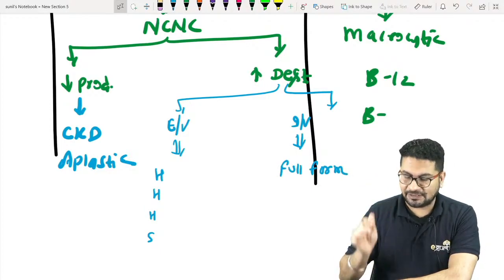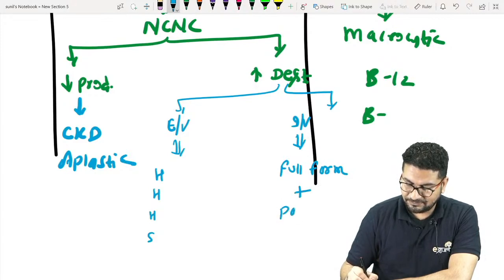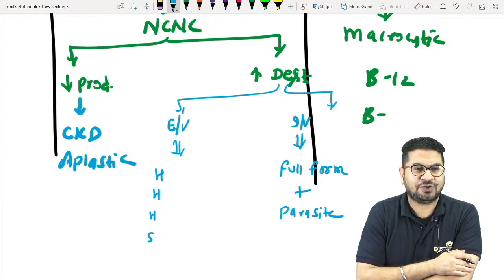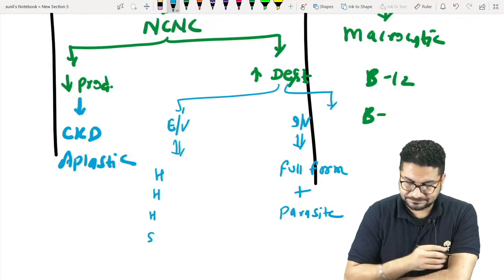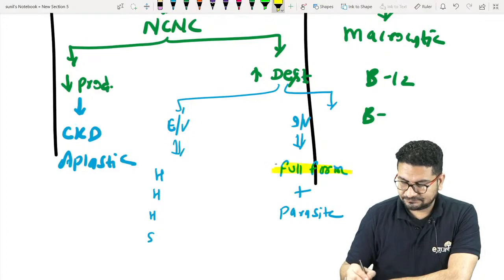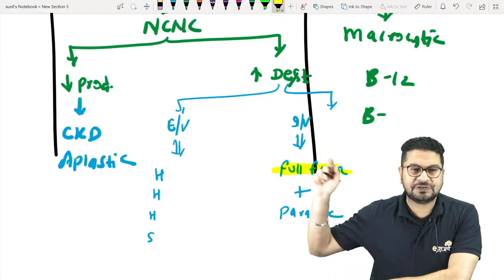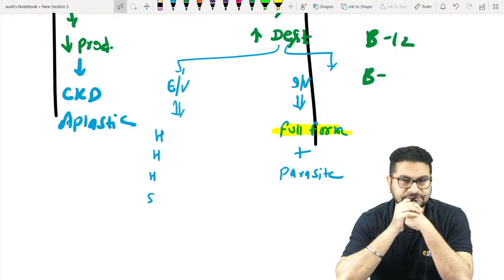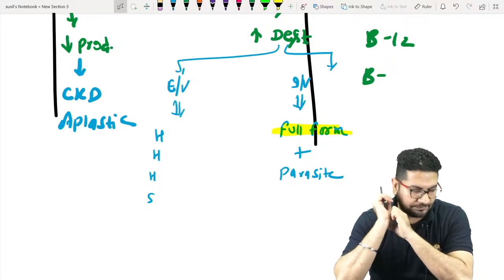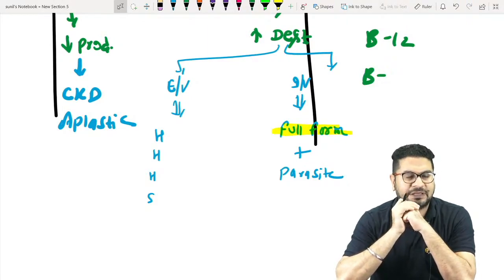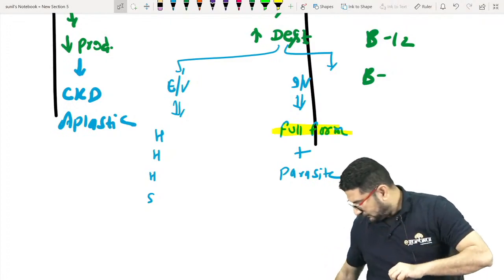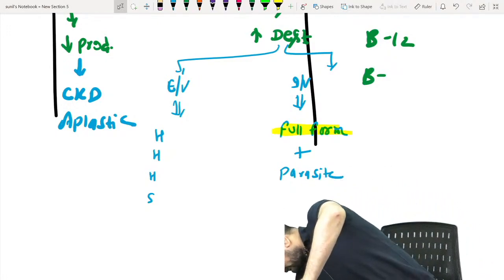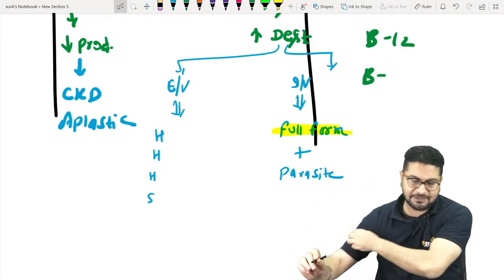Those who have a bigger name, full form: AIHA, autoimmune hemolytic anemia; G6PD deficiency anemia, glucose 6-phosphate dehydrogenase deficiency anemia; paroxysmal nocturnal hemoglobinuria; microangiopathic hemolytic anemia; and parasite.